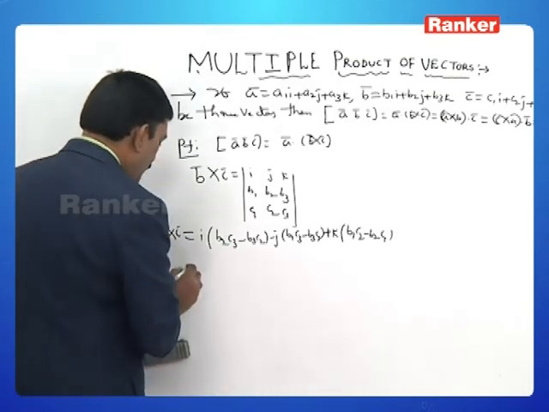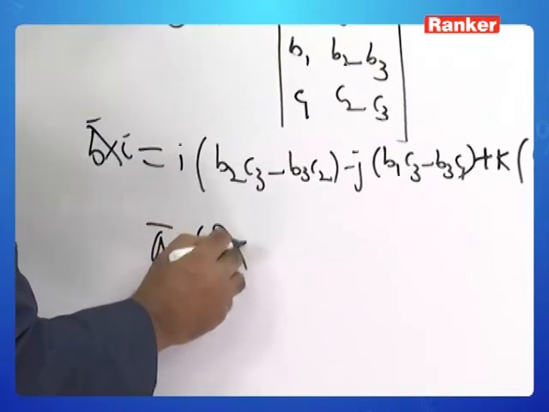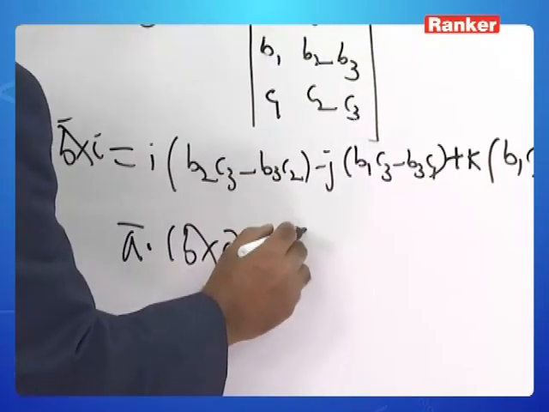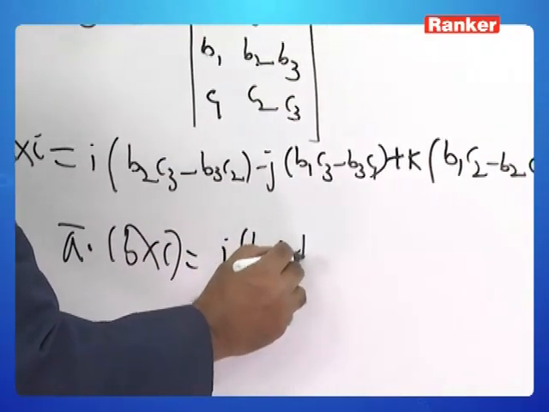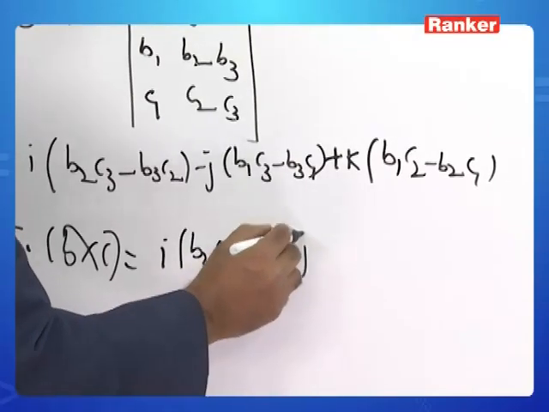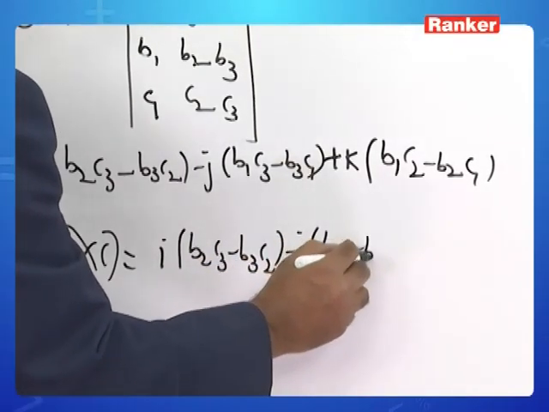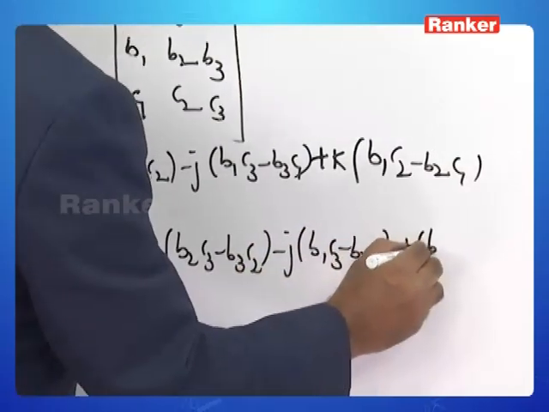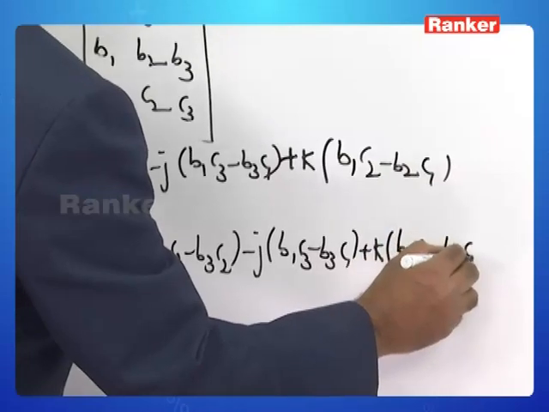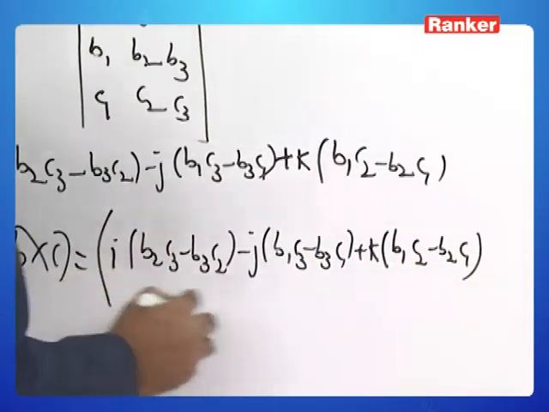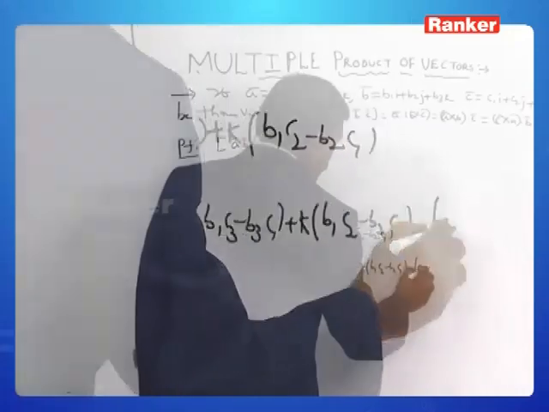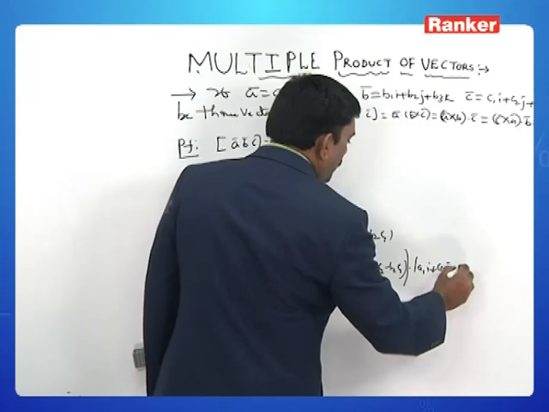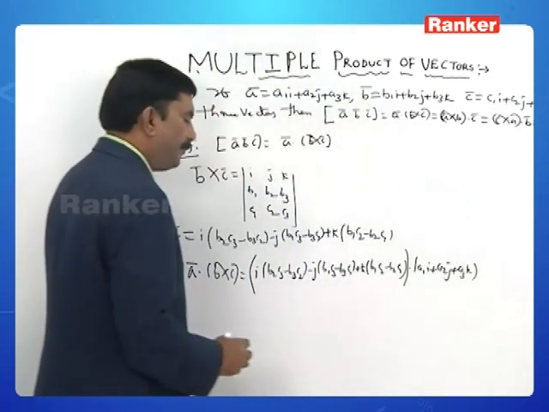Now we want to do A bar dot of B bar cross C bar. For this vector, i into (B2 C3 minus B3 C2) minus j into (B1 C3 minus B3 C1) plus k into (B1 C2 minus B2 C1), dot of A1 i plus A2 j plus A3 k.